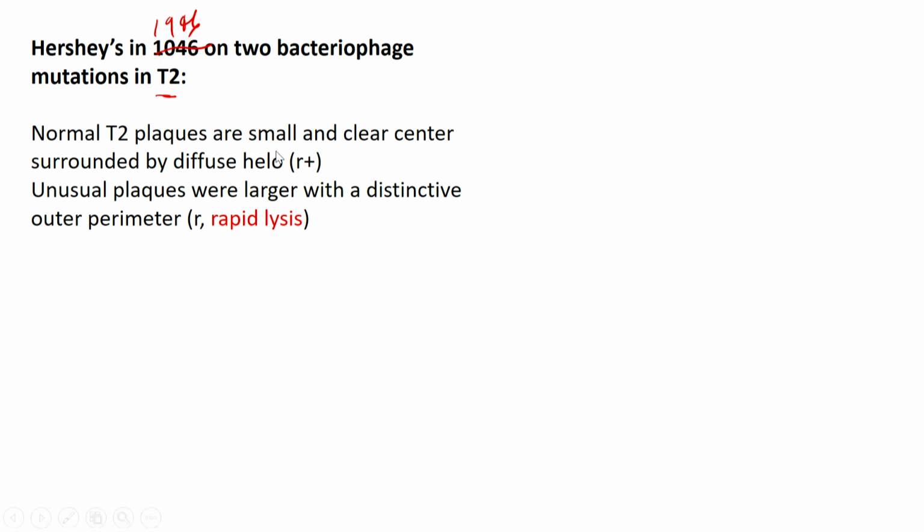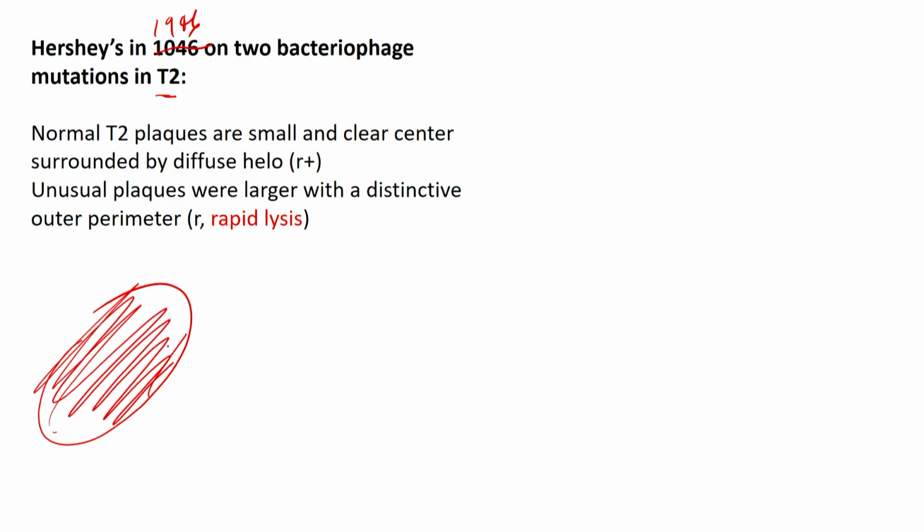So, normal T2 plaques. What are plaques? When the virus feeds on the bacterial cell, it lyses it. You have seen that bacteria form colonies, and what the virus does is lyse those colonies.